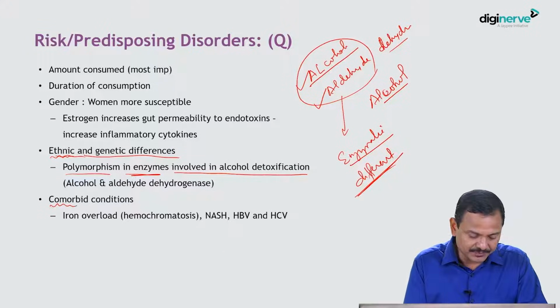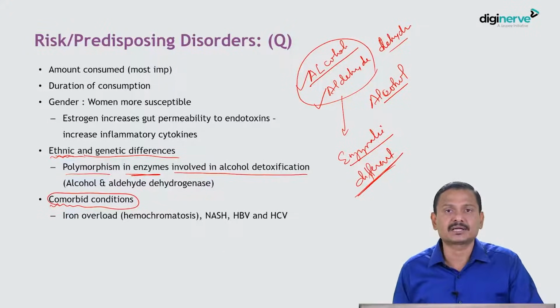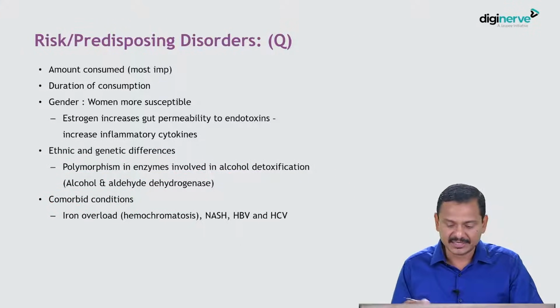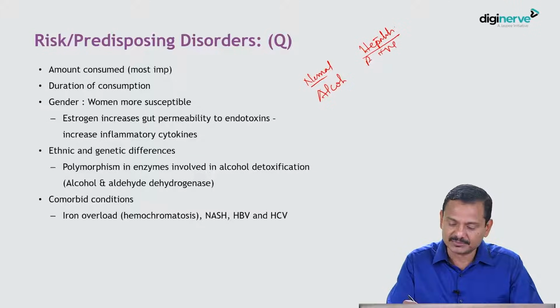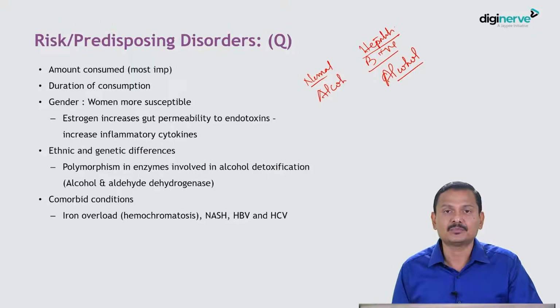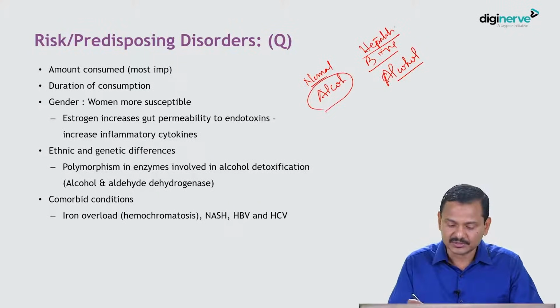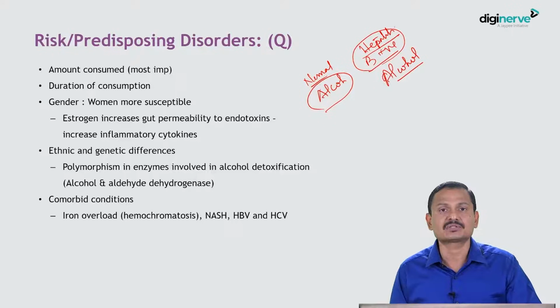Then comes the fifth, that is comorbid conditions. Now suppose a person is consuming alcohol. Let's take an example: one normal person takes alcohol, another person is hepatitis B positive and consumes alcohol. Who do you think will have a worse outcome, the normal or the hepatitis B positive person?